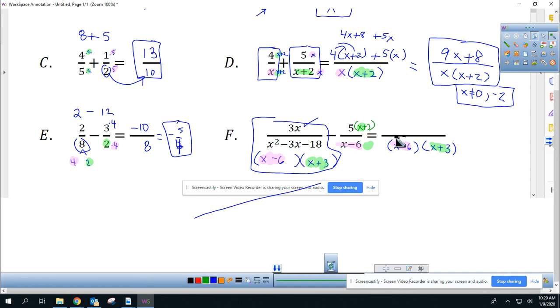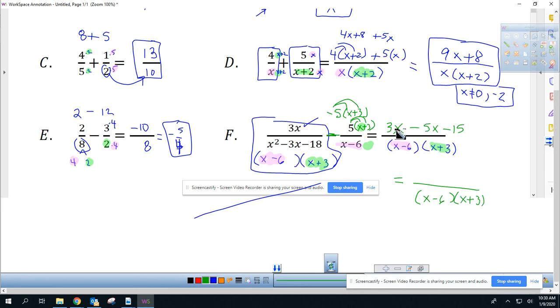So this 3x is perfectly fine. I'm going to write it down. I'm going to subtract this group, which is 5x, and this is plus 15, but this is really sometimes confusing. This minus sign goes with the 5, so it's negative 5 times x plus 3, which gives us negative 5x, and actually not plus 15, but minus 15, which means ultimately we're going to have a fraction.